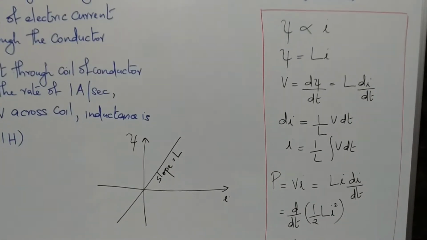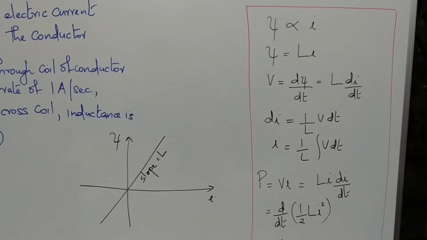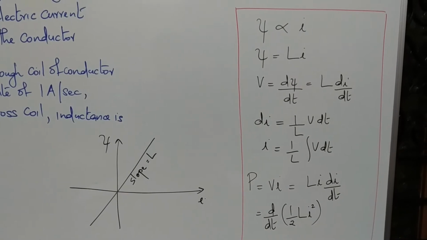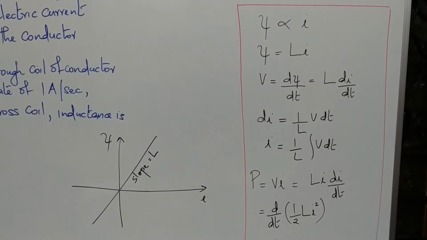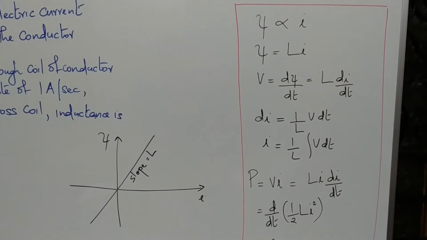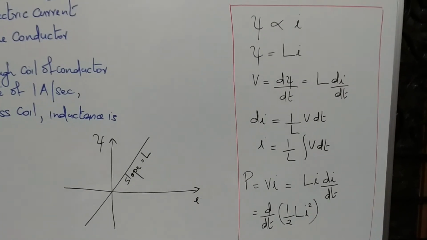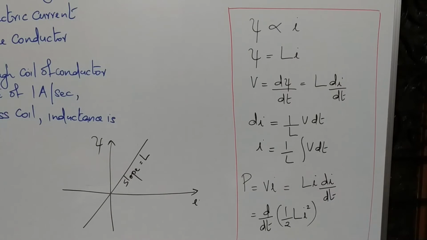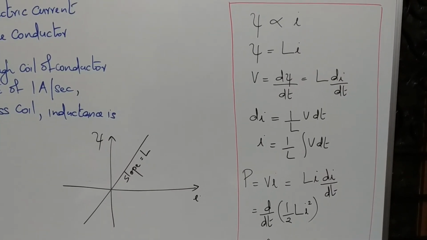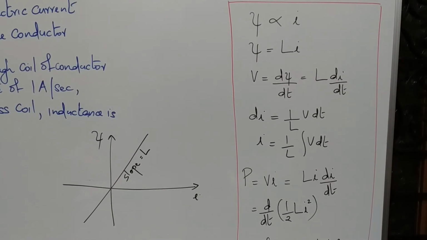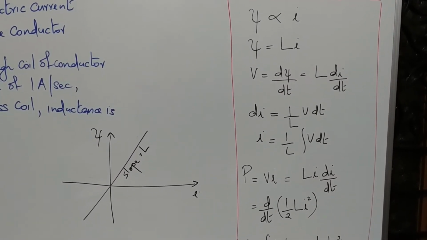That is, psi is directly proportional to the current flowing through the coil. Now, you remove the proportionality sign and replace it by a constant which is L. So, psi equal to Li. Similar to what we have learned in capacitance where Q equal to CV, here it is psi equal to L into I, where psi is the total flux produced, I is the current flowing through the coil.